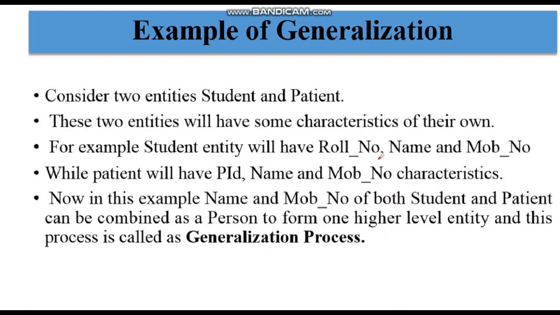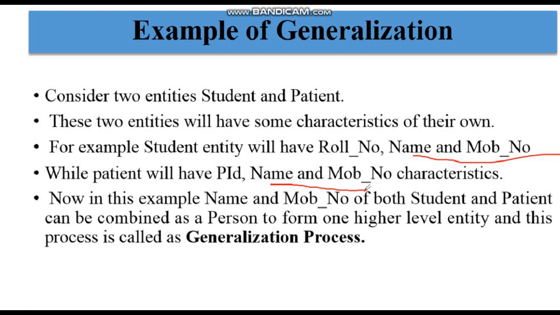So basically here you can see in the student entity the name and mobile number. Likewise here also in the patient, name and mobile number. Okay, so basically what you can see here, we can take these two features, combine them and say that this belongs to a person, right?